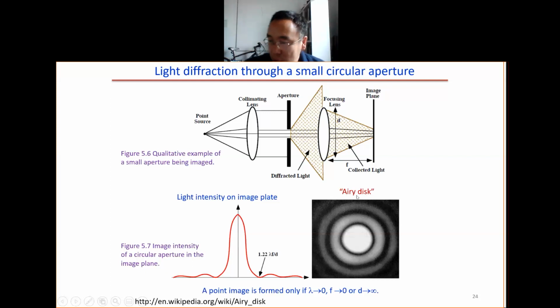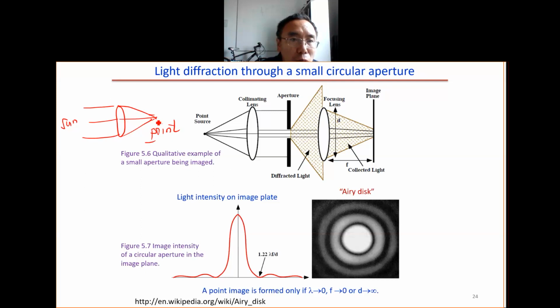For example, if you have a lens and sunlight from very far away, you have a perfect plane wave, then it will be focused to the focal point. If you look at the focal point, it is not a point.